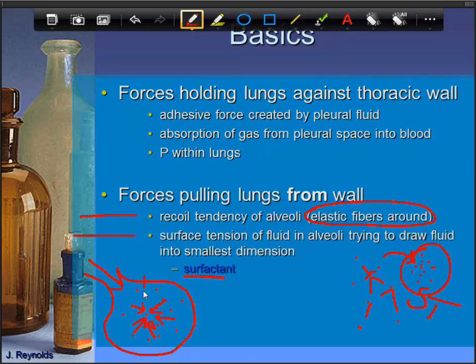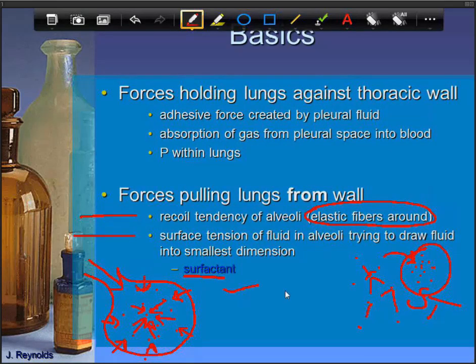It would pull the alveolus inward, right? So it would promote or enhance the possibility of collapse of the alveoli. Because remember, every time you exhale, the alveoli get smaller anyway. If you had this inward force, it would surely cause them to collapse.